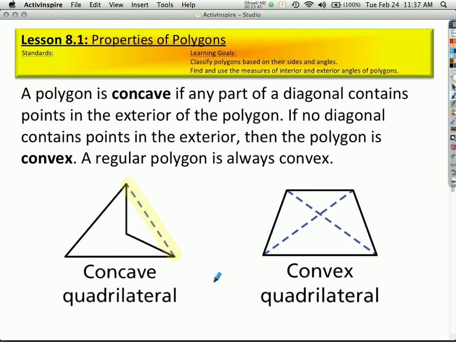A regular polygon is always convex. So you have to think back, what does regular mean? Davis, what's a regular polygon?